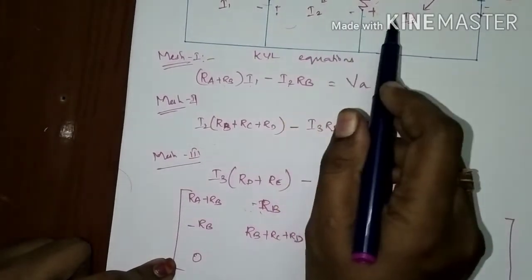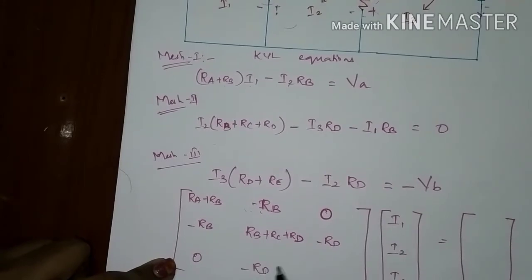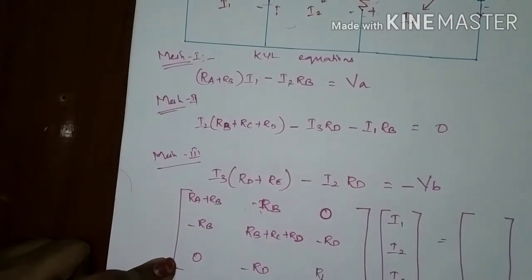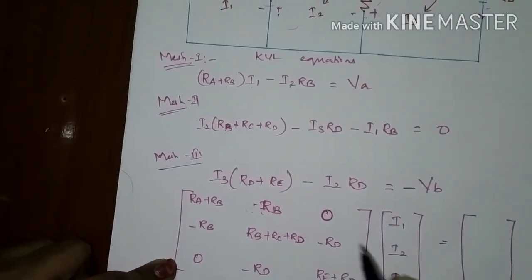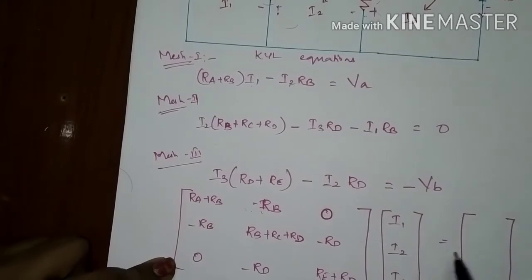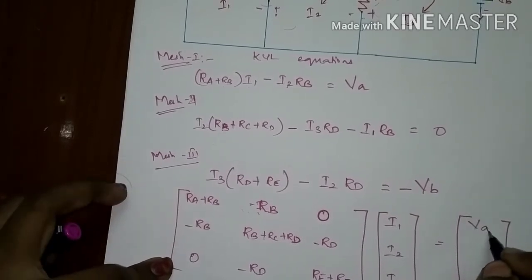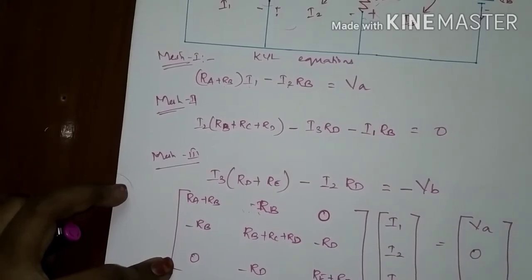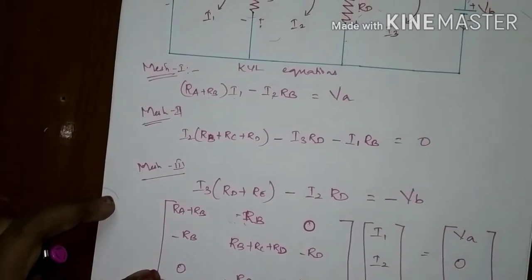The common resistance for the second and third mesh is minus RD, and the self resistance of the third mesh is RE plus RD. This is equal to the energy sources: VA for the first mesh, no energy source for the second mesh, and minus VB for the last mesh.